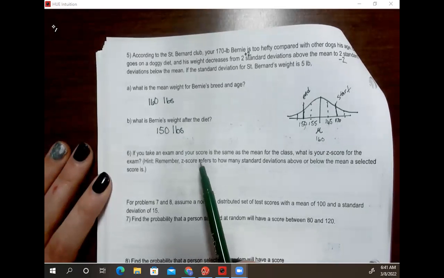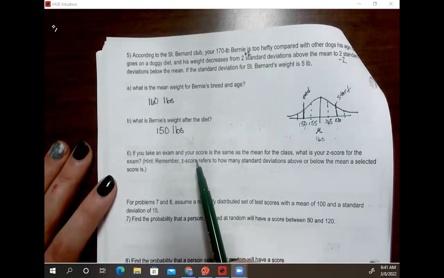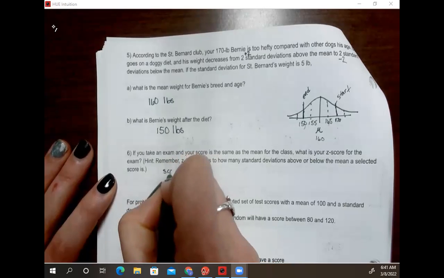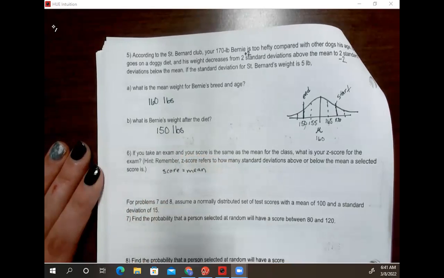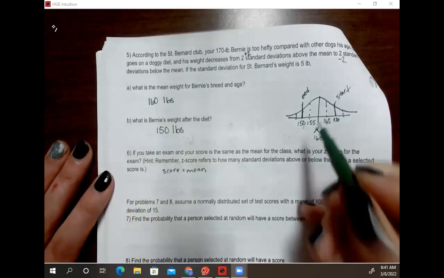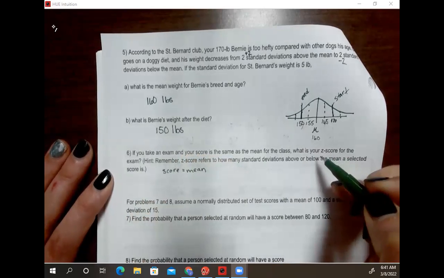Example 6, or number 6, I should say, if you take an exam and your score is the same as the mean for the class, what is your z-score for the exam? So your score is equal to the mean. So what is your z-score? So we can actually use our chart right above here. Let's say your dog weighed exactly the mean of all the St. Bernards.